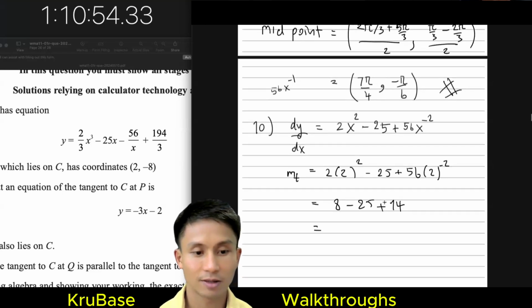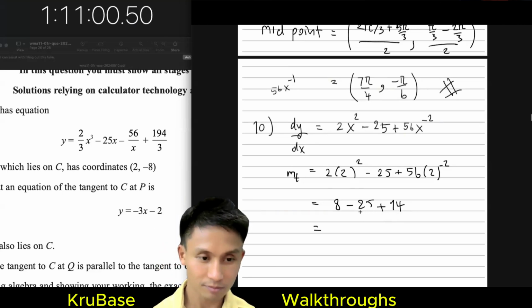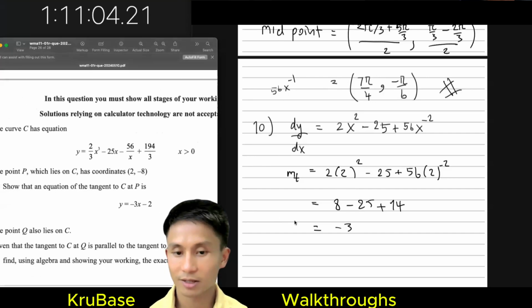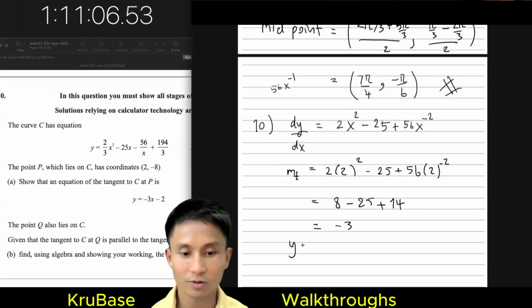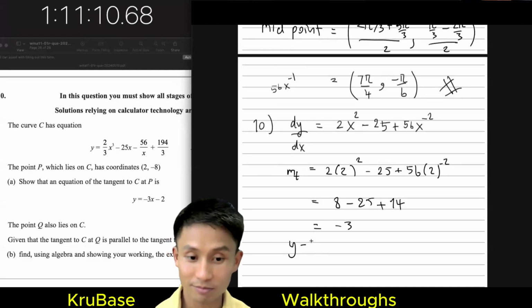Yeah. And this is 8 minus 25, plus 14, and that gives -3. So that would be the gradient.